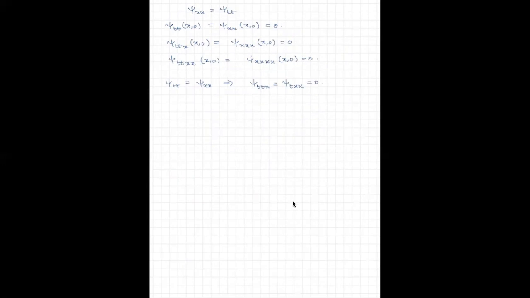So you can continue in this line, and we can prove that all partial derivatives of psi of x, t on the curve t equal to 0, with minus 1 less than x less than 1, can be determined and are 0.